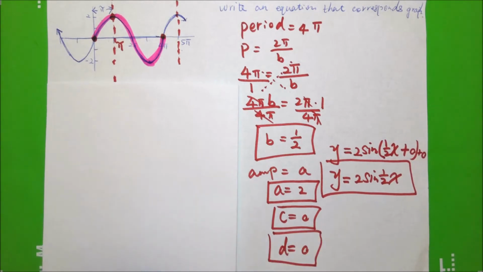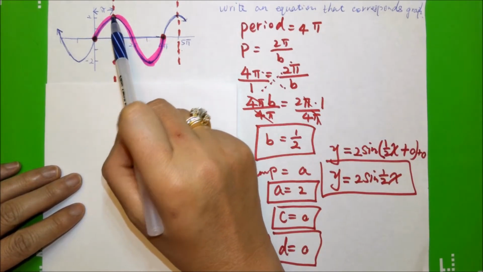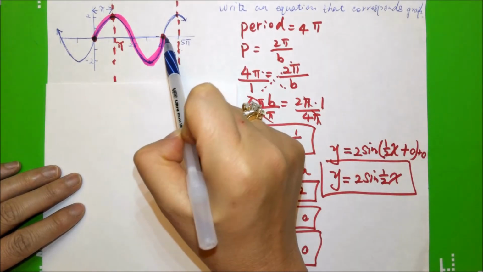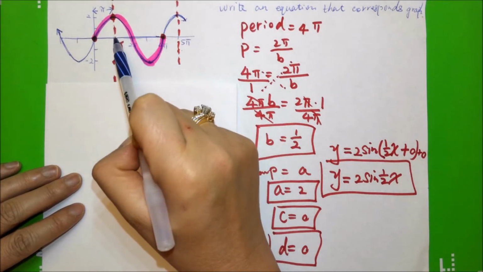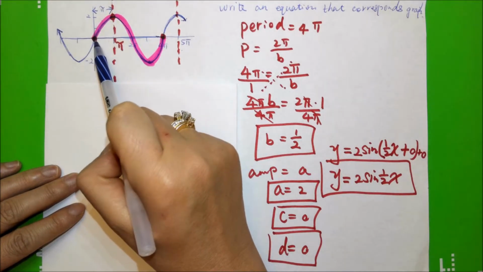Let's use the same graph to write a cosine function. Cosine function starts from the max, reaches the intersection, minimum, intersection. Therefore, my start point is actually pi at this point instead of 0.